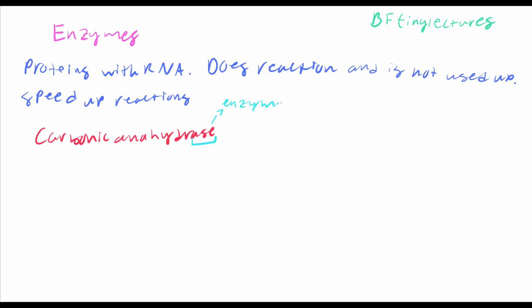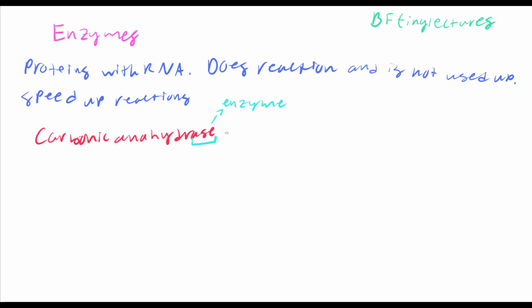So if you remember, carbonic anhydrase is one of the enzymes that allow carbonic acid to break up, dissociate into hydrogen ions and bicarbonate, and that can be used as a buffer system within the blood, right? So carbonic anhydrase allows the buffer system to even occur.